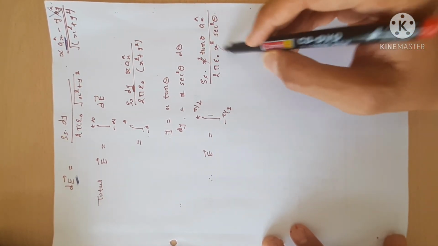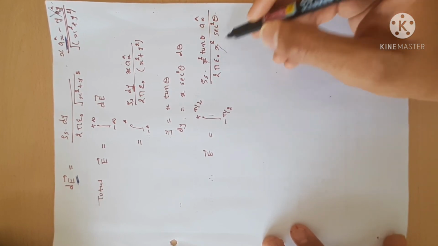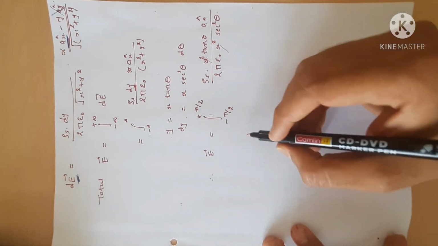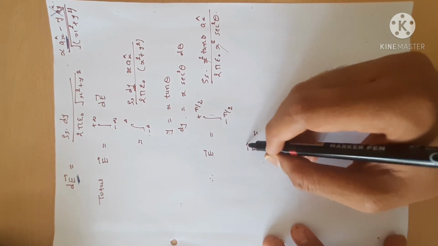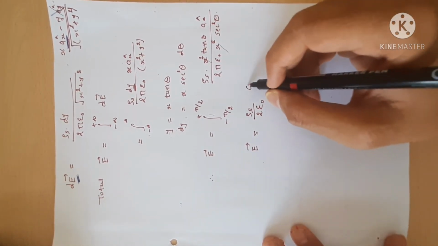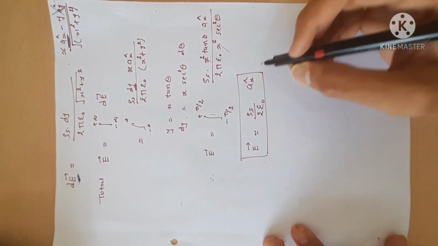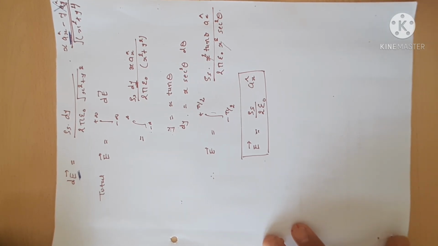So this x square cancels out. Tan theta, sec square theta: tan theta is sin theta by cos theta, and this is 1 upon cos square theta. If you take the integration and solve this, your answer E is equal to rho s upon 2 epsilon 0 into ax. This is the equation of electric field intensity due to an infinitely long surface.